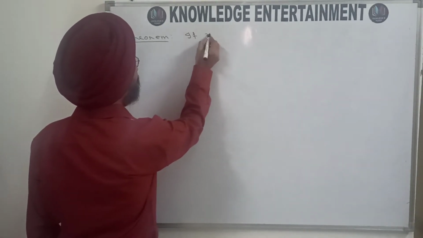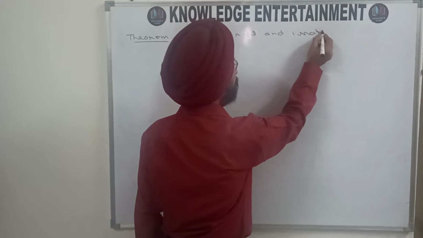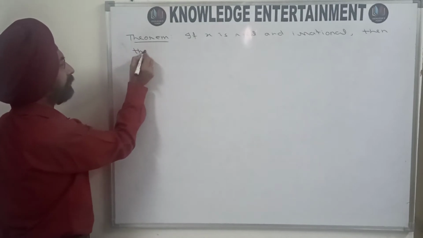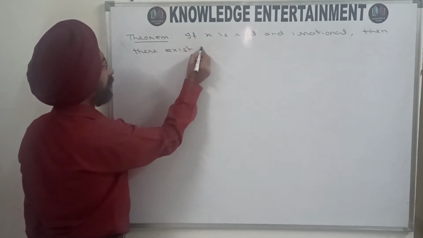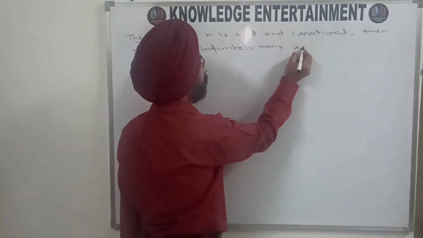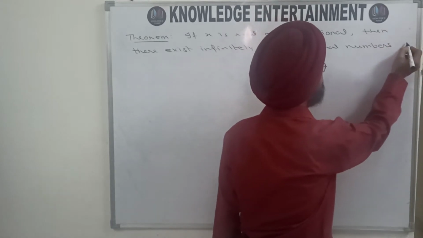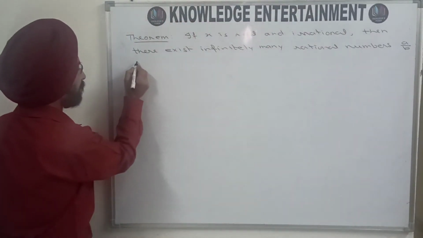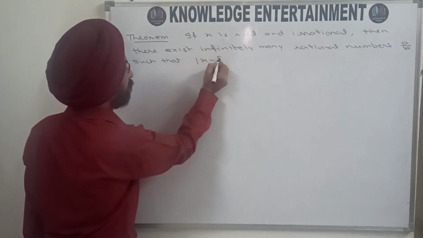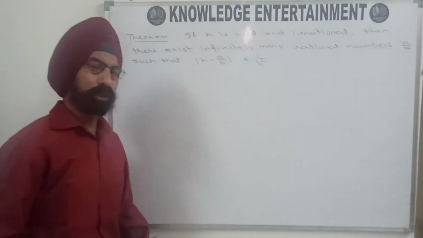If x is real and irrational, then there exist infinitely many rational numbers a upon b such that mod of x minus a upon b is less than or equal to 1 upon b square.